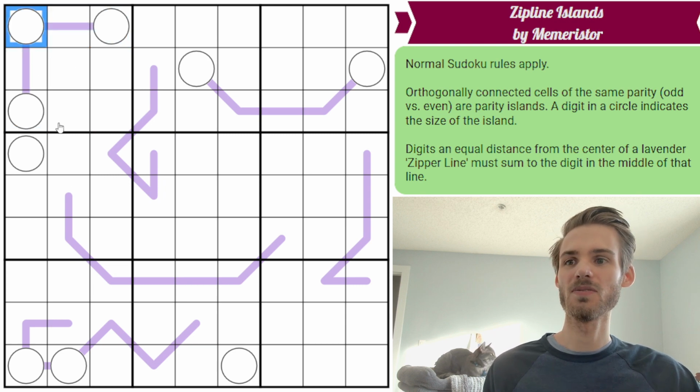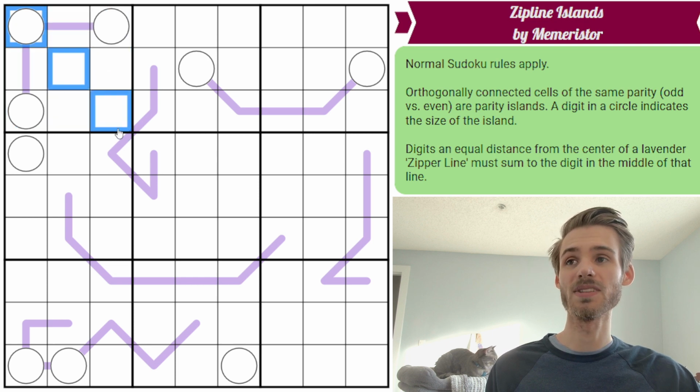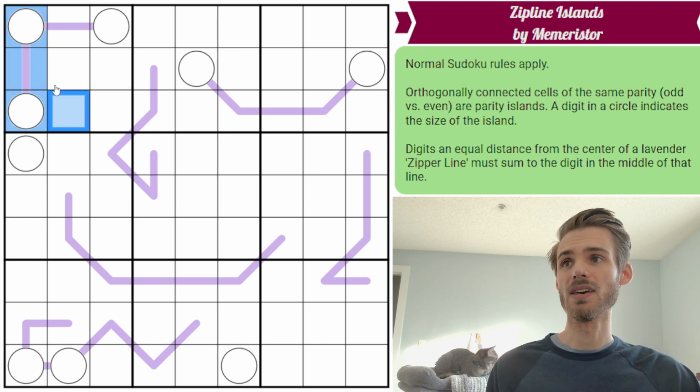So in this top left corner, we can see that this circle is very interesting because it's in the corner of its box. So it has a lot of room to get it, or a lot of cells that it would need to take to get out of the box. It has these two circles around it, and something you might already know about the parity islands is that if we had something like this, these would be the exact same number.